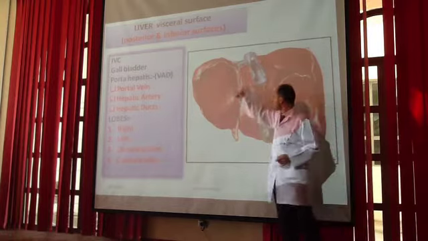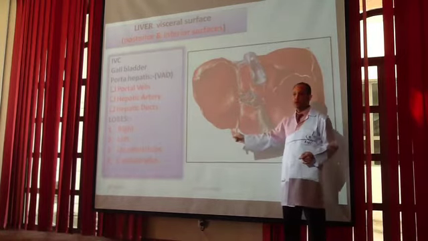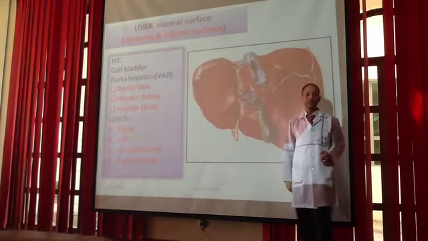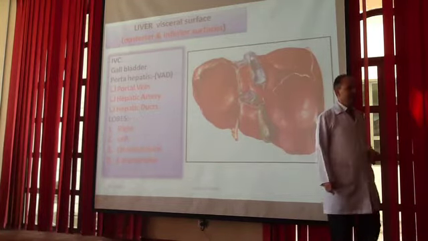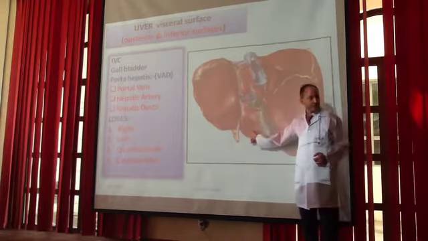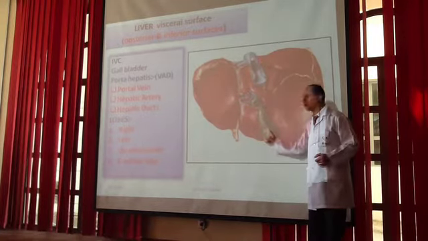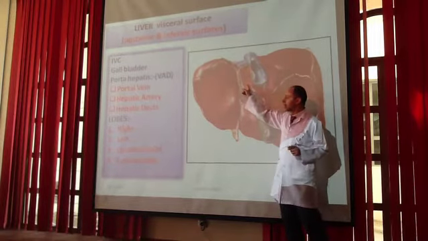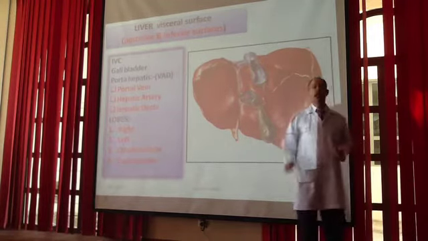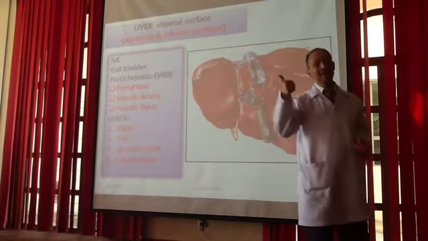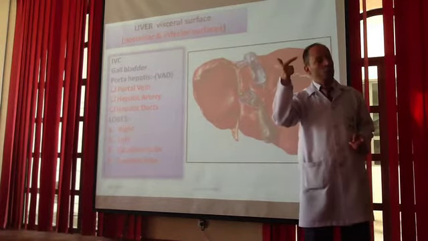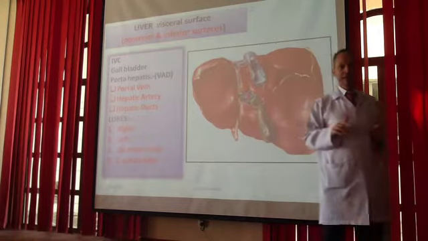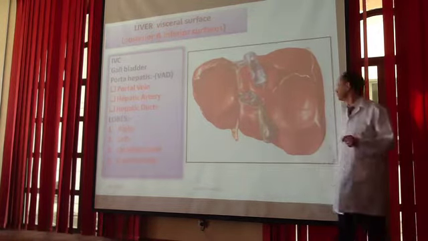By some fissures and ligaments, we can see another two small lobes of the liver. What are their names? Quadrate, near the gallbladder. The one near the inferior vena cava, caudate lobe. So we have right, left lobes, caudate, and quadrate. Any other names? Great.